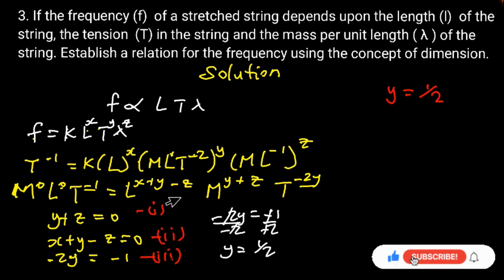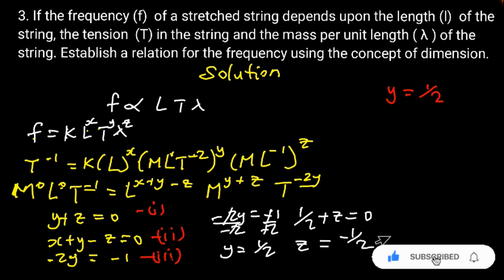So let's substitute y equals half in equation I to find z. When we do that, we have half plus z equals 0. If you make z the subject of the formula, the value of z is going to be minus 1 over 2. Alright, so z is equal to minus 1 over 2.